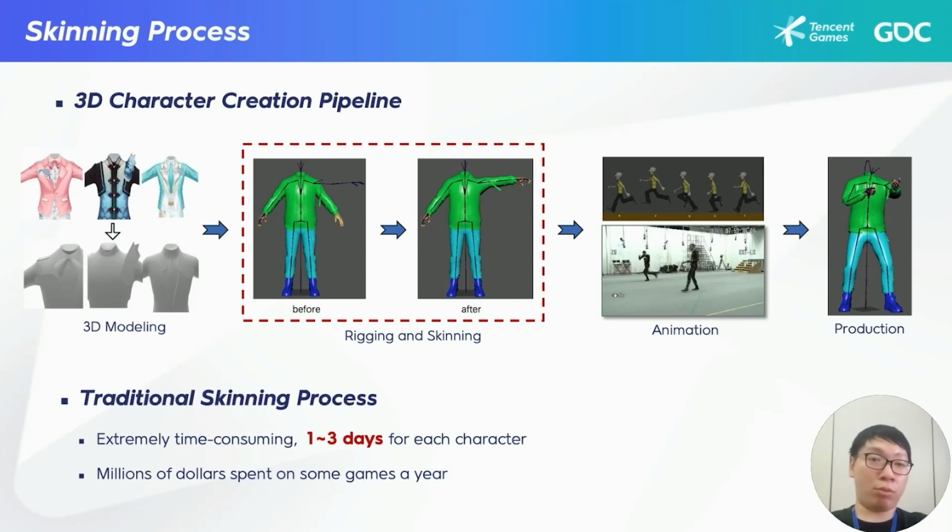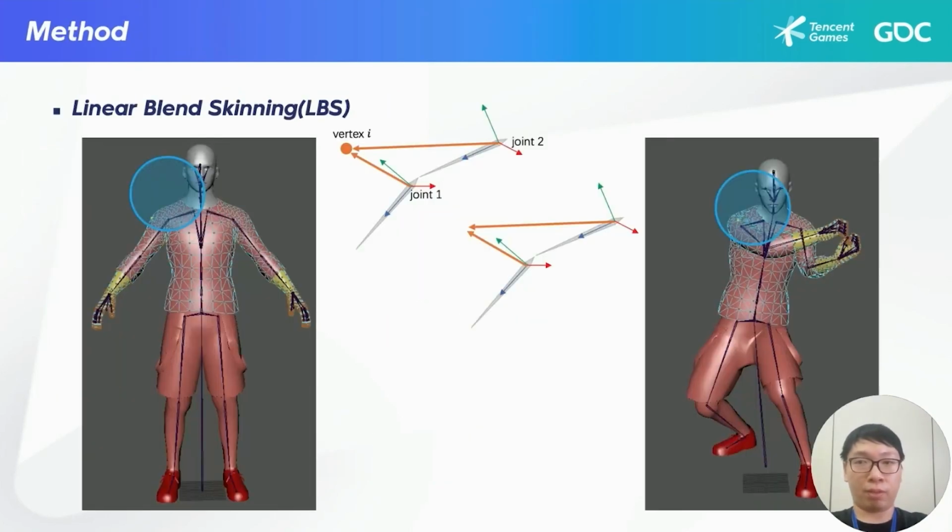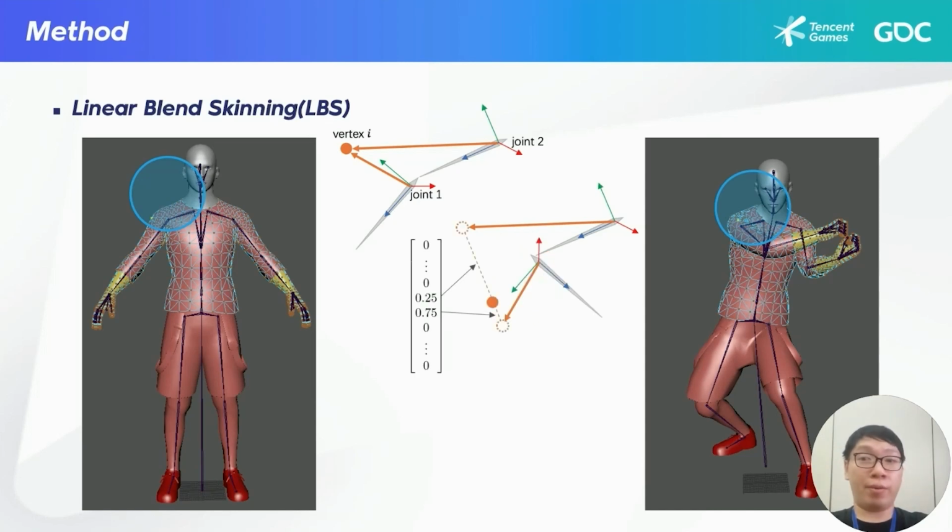Before we discuss how to solve these issues, let's explore the theory of skeletal animation. A 3D character is made up of mesh and skeleton. The movement of the vertices is driven by the skeleton using the LBS algorithm. In this animation, the vertex is influenced by the 2 nearest joints, and its position is directly linked to the position of the joints.